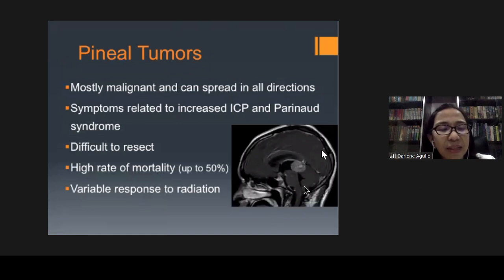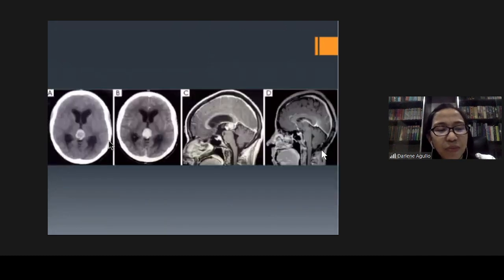Again, this is difficult to resect kasi gitnang-gitna siya, no? With high rate of mortality up to 50%. Response to radiation also variable.